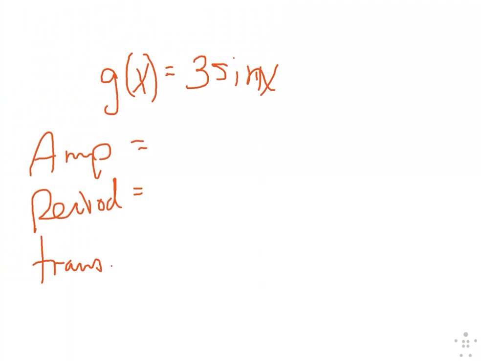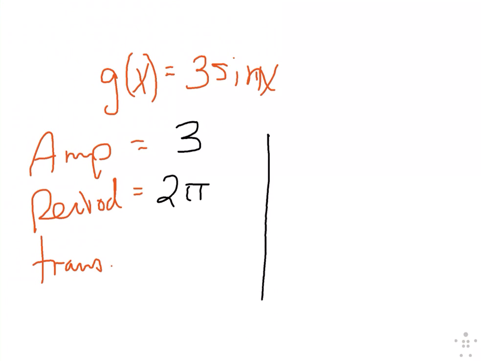You have 2 of these. What's the amp for this problem? 3. How'd you get that? It's the first number you see. The period is 2 pi, because remember the formula is 2 pi divided by the b, and the b is 1. Are there any transformations? No.